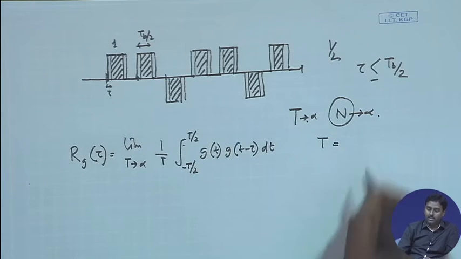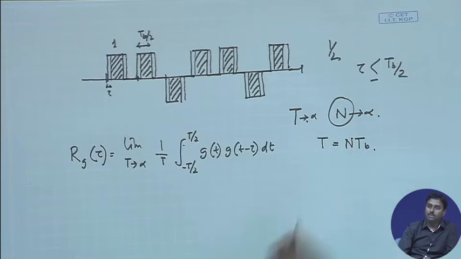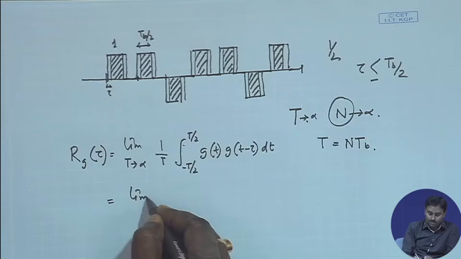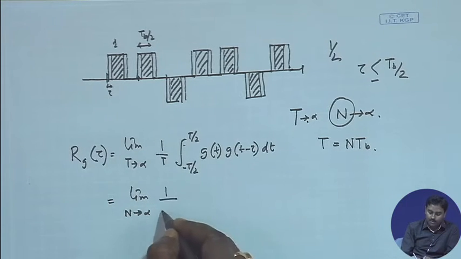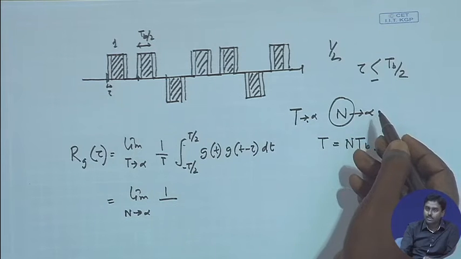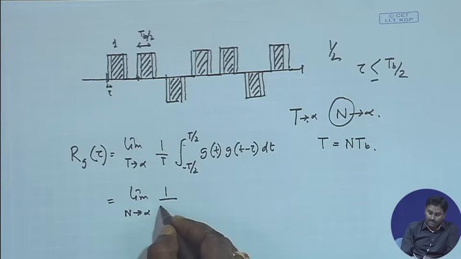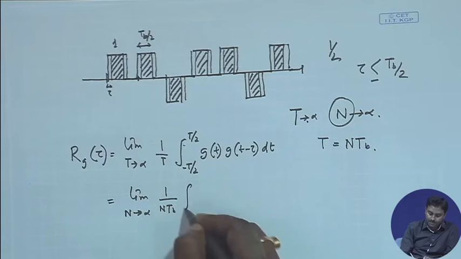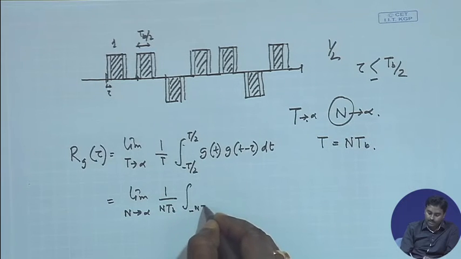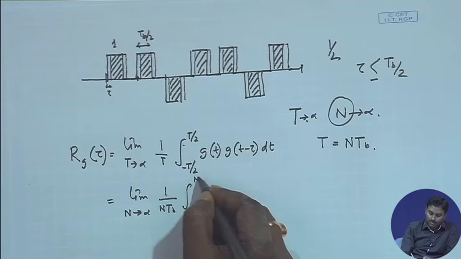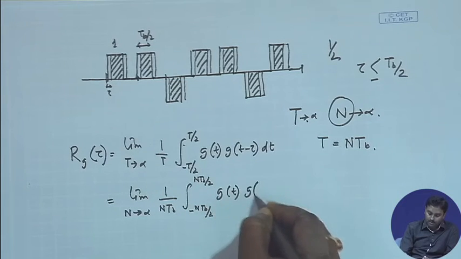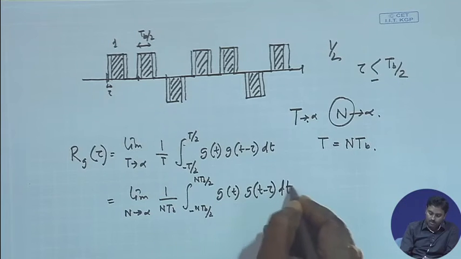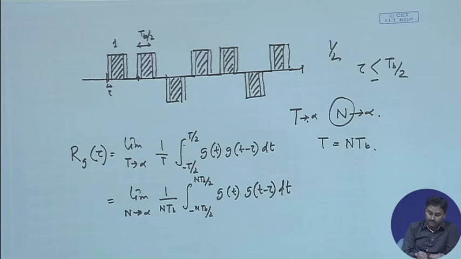T is n into Tb, because there are exactly n number of pulses. So, I can rewrite this as limit n tends to infinity 1 by n Tb, integral from minus n Tb by 2 to plus n Tb by 2, g(t) g(t minus tau) dt.